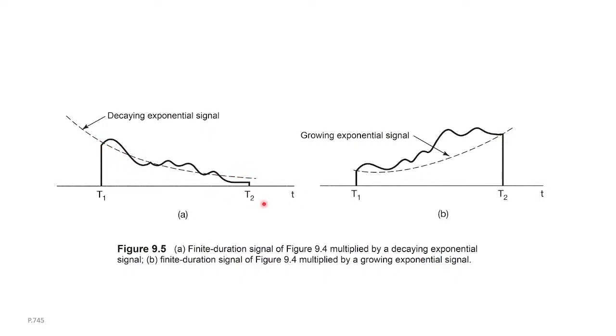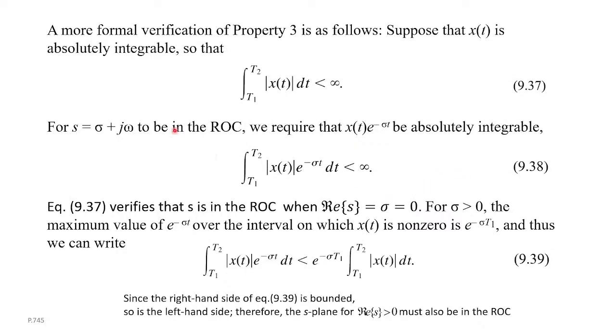Because it's just a finite region. Multiplying by this exponential is less than just multiplying by a constant, the exponential's maximum value on this region. So that doesn't really change anything.